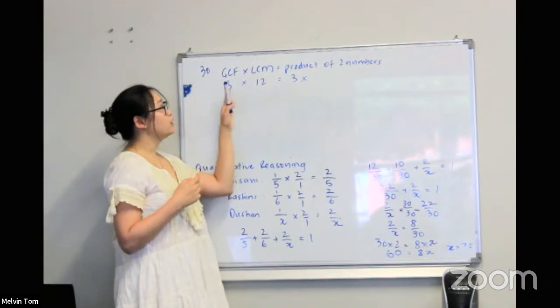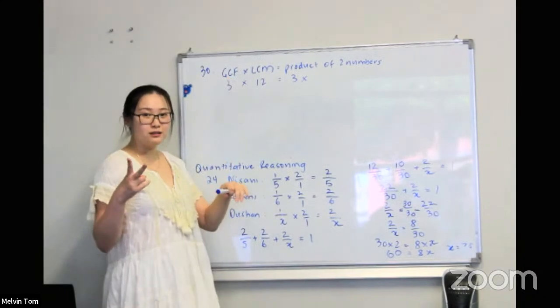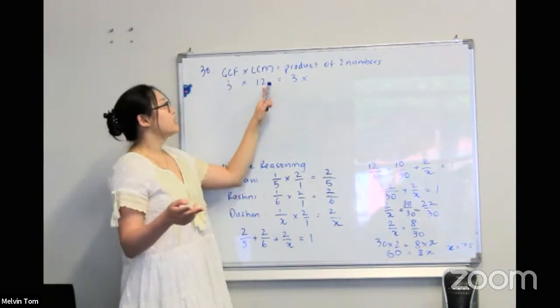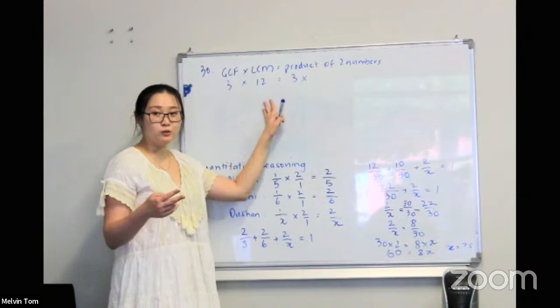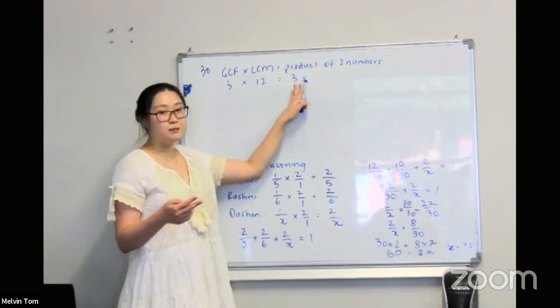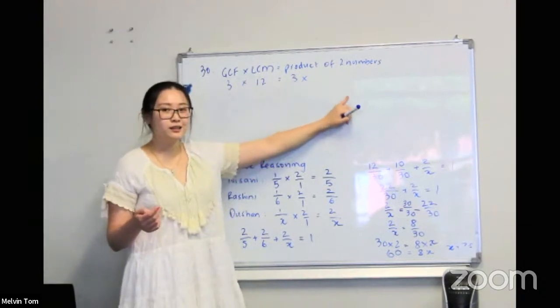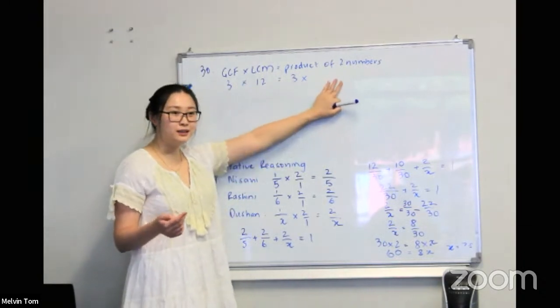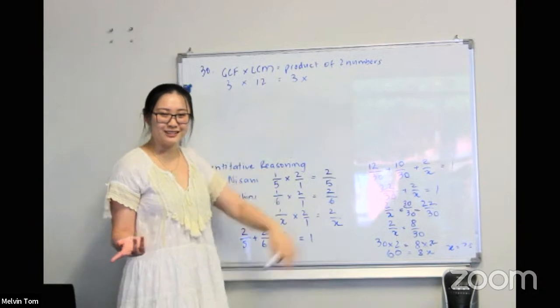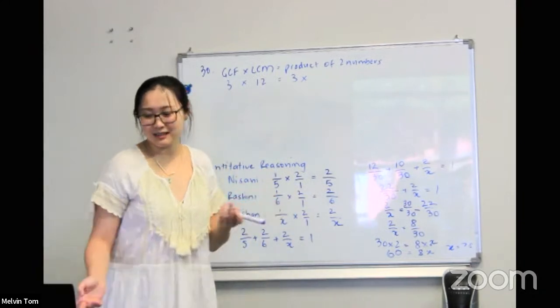The greatest common factor of two numbers is 3. The LCM of those two numbers is 12. So one of the numbers is 3. So to make this sentence true, that other number has to be 12. This is a property that exists, okay?